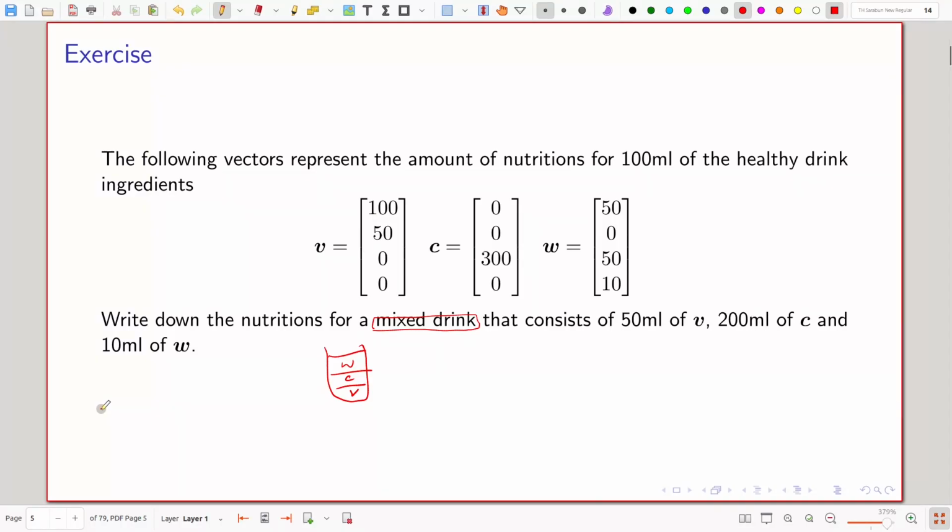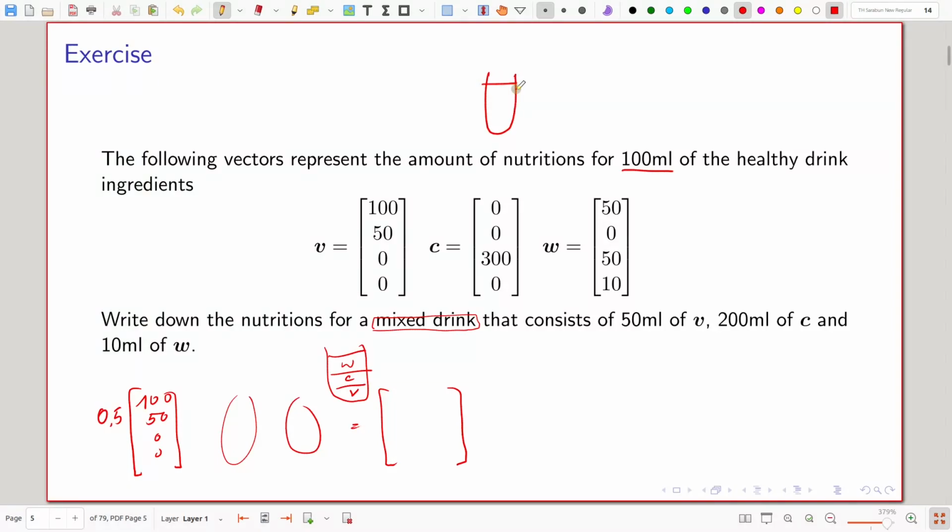So you get 0.5 times V. Think of this as solution V, this is C, and this is W. This is 100 milliliters, and you take half of that.